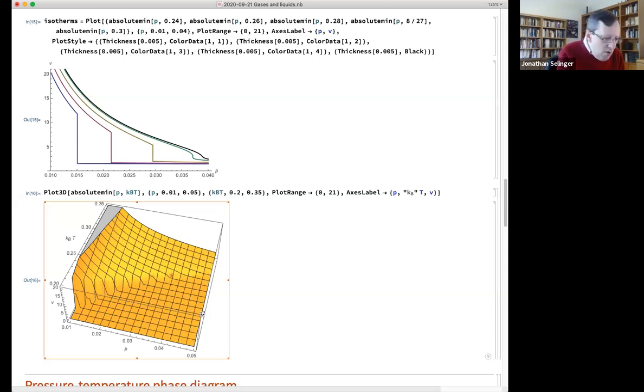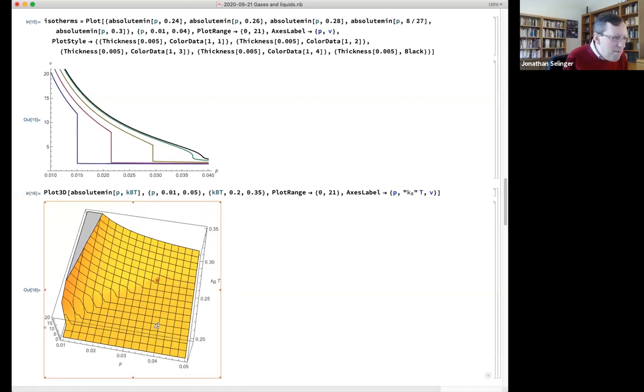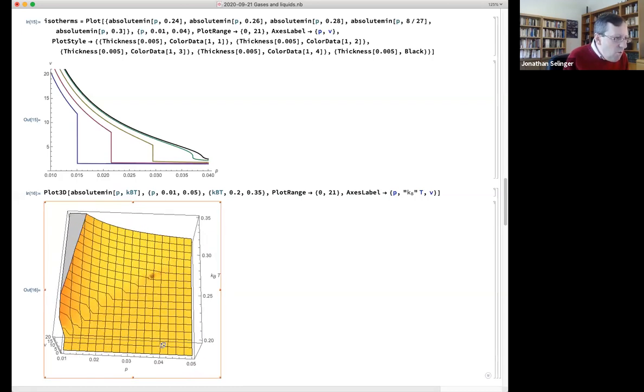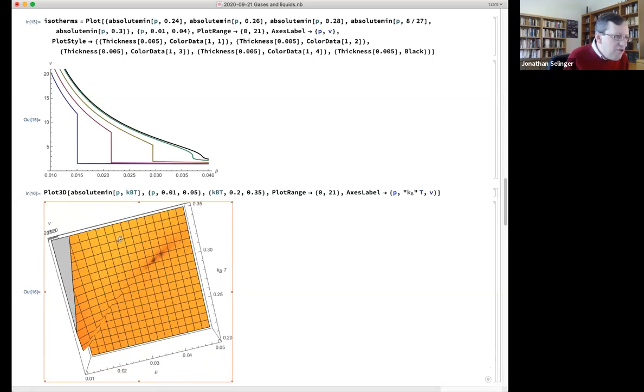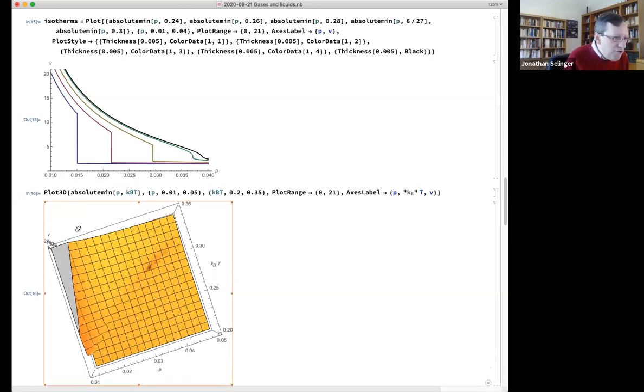So now we can do the same thing. I can make a plot looking from above to say what is the state as a function of temperature and pressure.